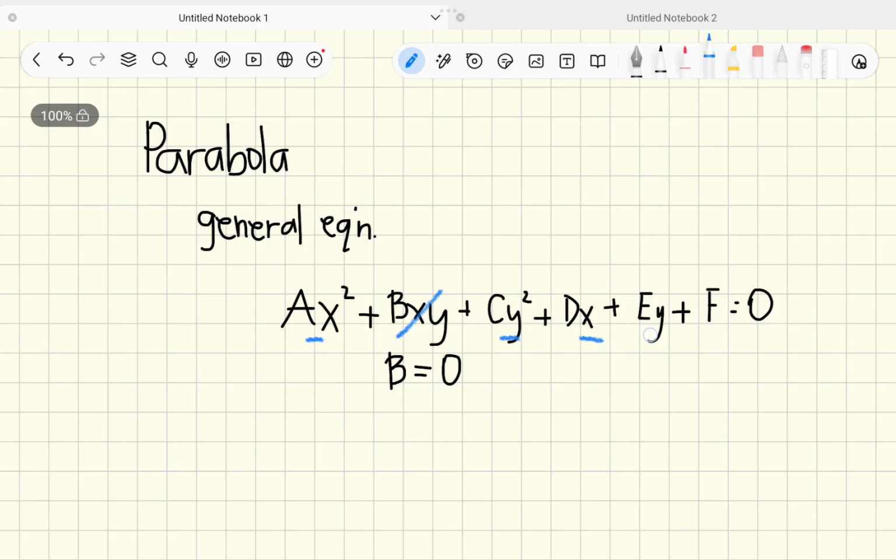But for parabolas, either a or c will be 0. So a will not be equal to c, and either a or c will be 0.